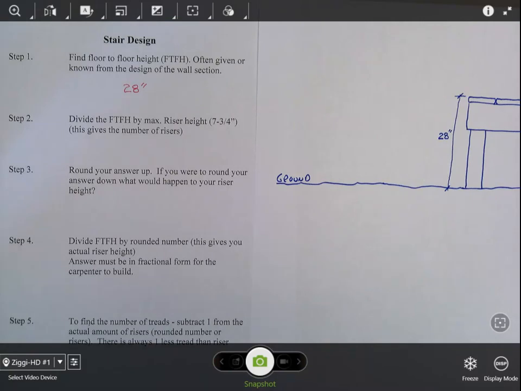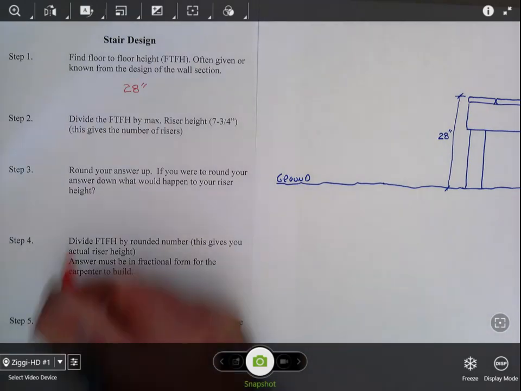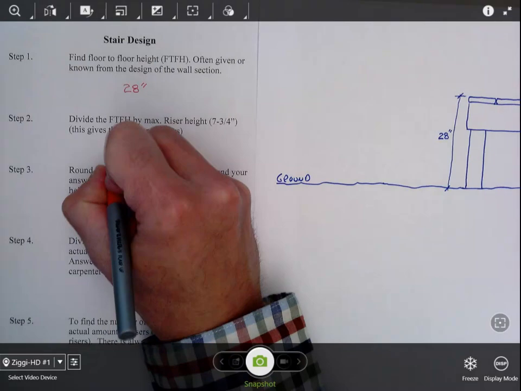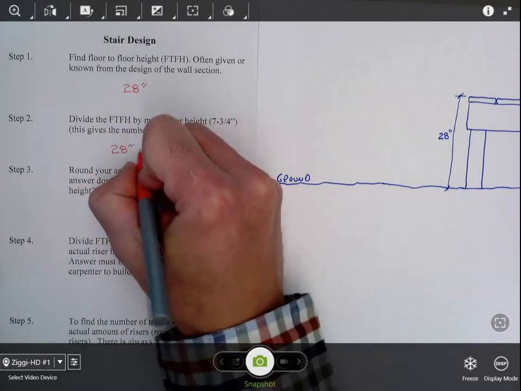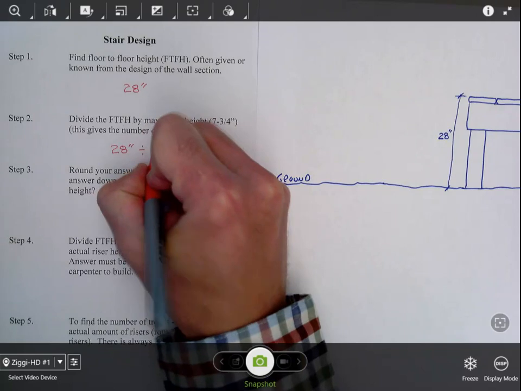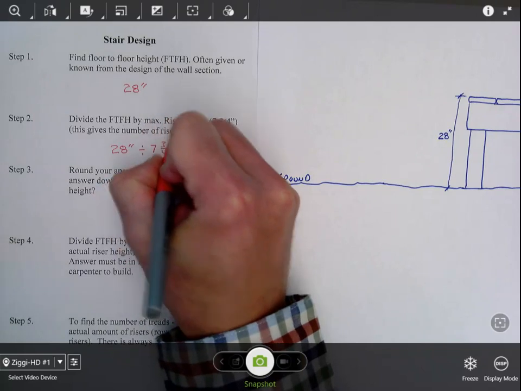And if you find that it's very close and you would have to move that up, you would have the ability to do that if you wanted to. Whenever we divide the floor-to-floor height by the maximum riser height, that gives us the total number of risers. So our floor-to-floor height is 28 inches divided by 7 3/4 inches.